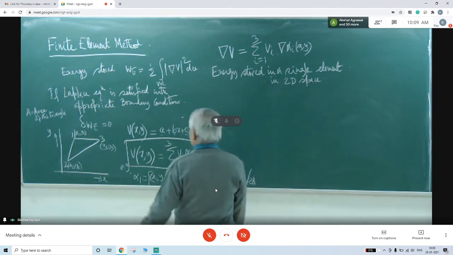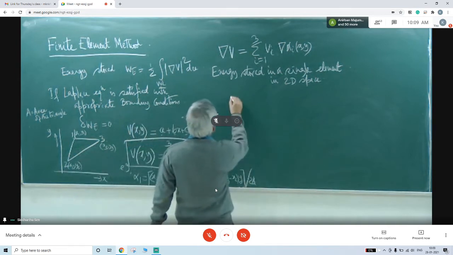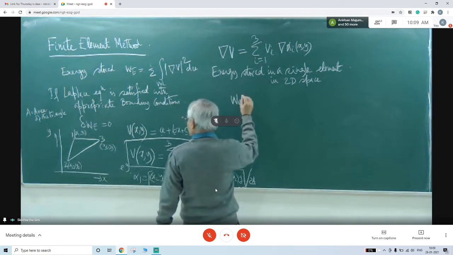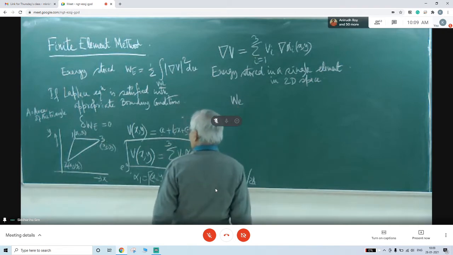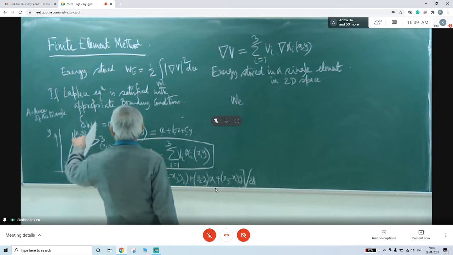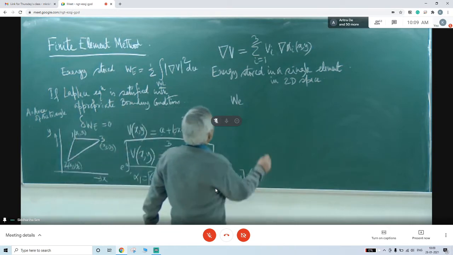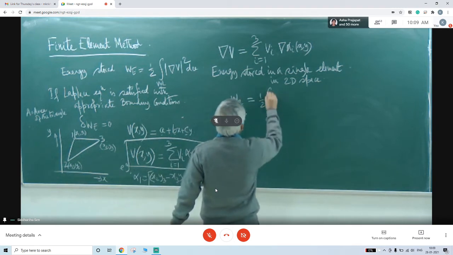So basically I am considering only 2D space there. Then what we can say is WE, that is, WE with small e indicates the energy stored in this small element there. That is equal to half of the expression.